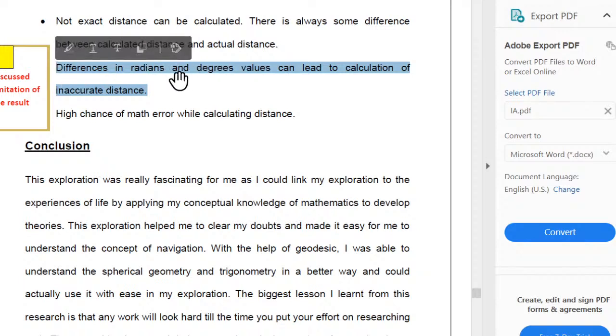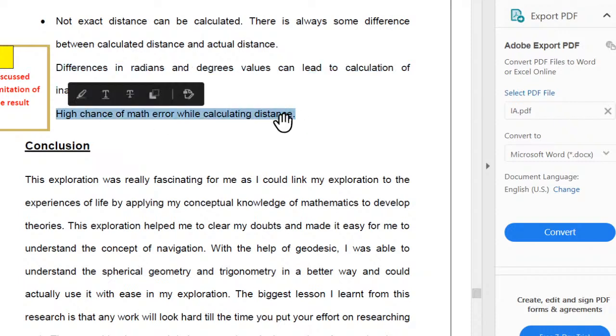I'm not sure what that leads to. High chance of math error. Don't say that. Do not say there's a high chance of math error. Okay. With 21st century technology, if properly conducted, if you type everything correctly into a calculator or a spreadsheet, you will not get it.